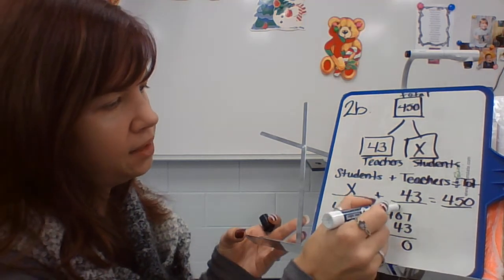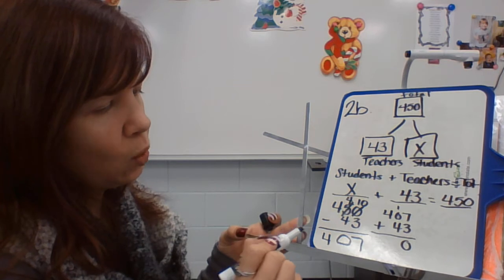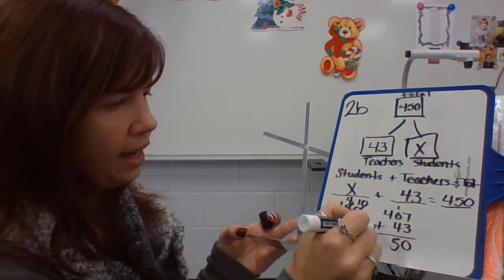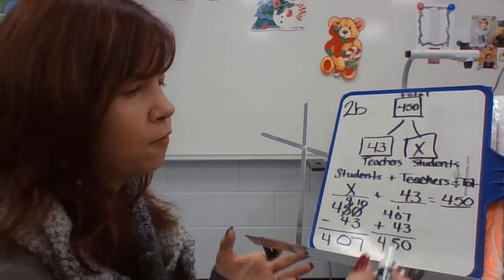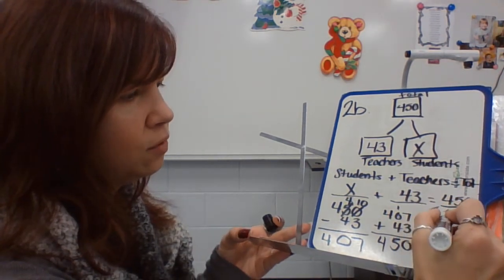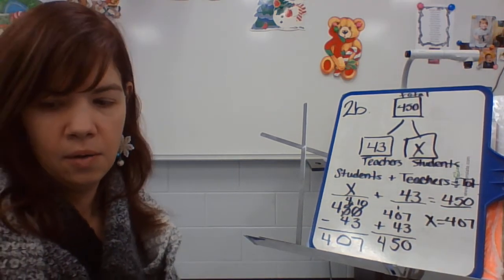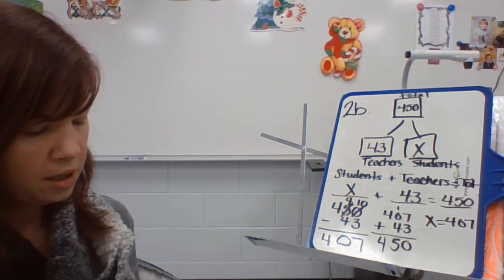So the 0 goes there. I carry my 1 up. 1 plus 0 is 1, plus 4 gives me 5. And I bring the 4 down. And yep, we do have our 450, so X equals 407 students.